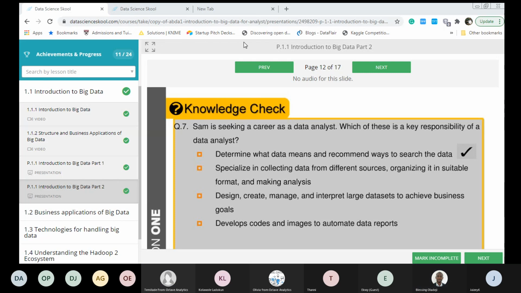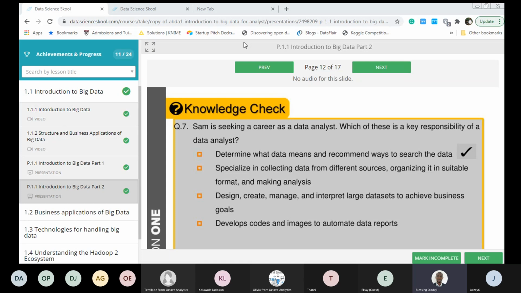Sorry. Okay, so the question is that Sam is seeking a career as a data analyst, and which of these is a key responsibility of a data analyst? Number one is to determine what data means and recommend which ways to search the data.